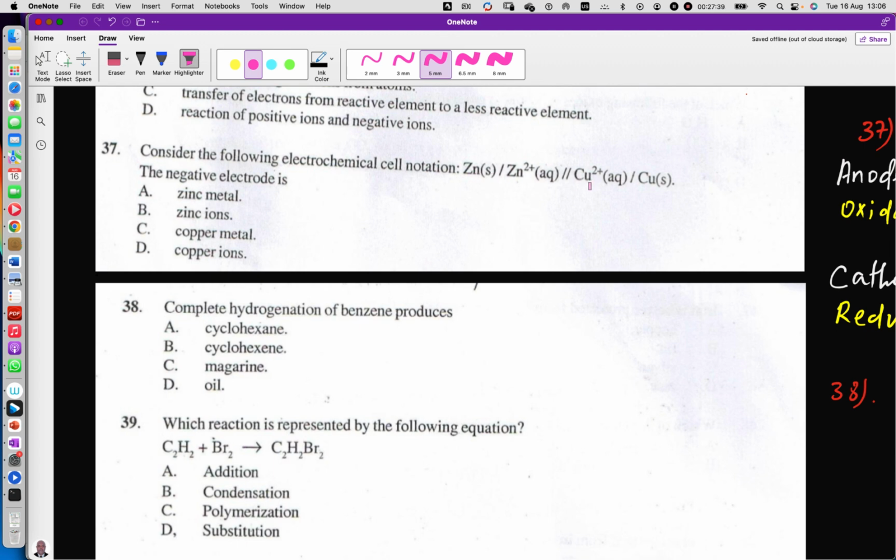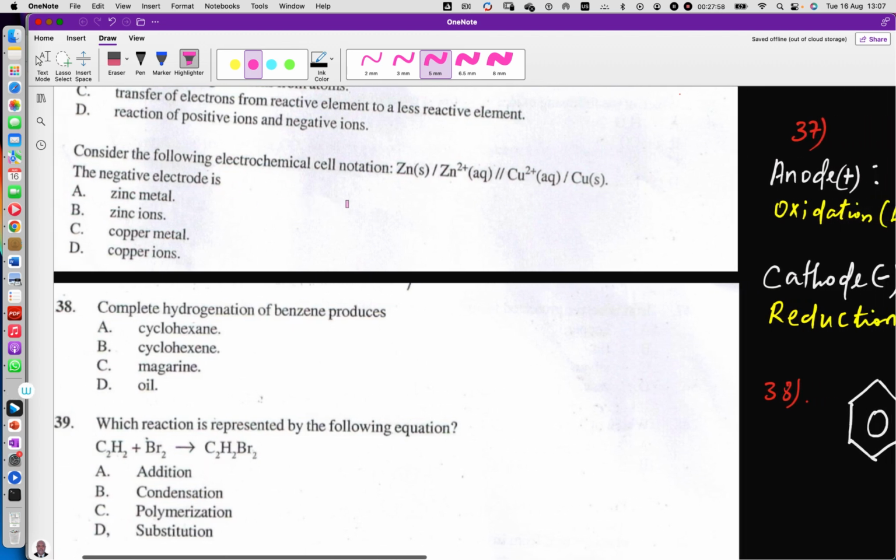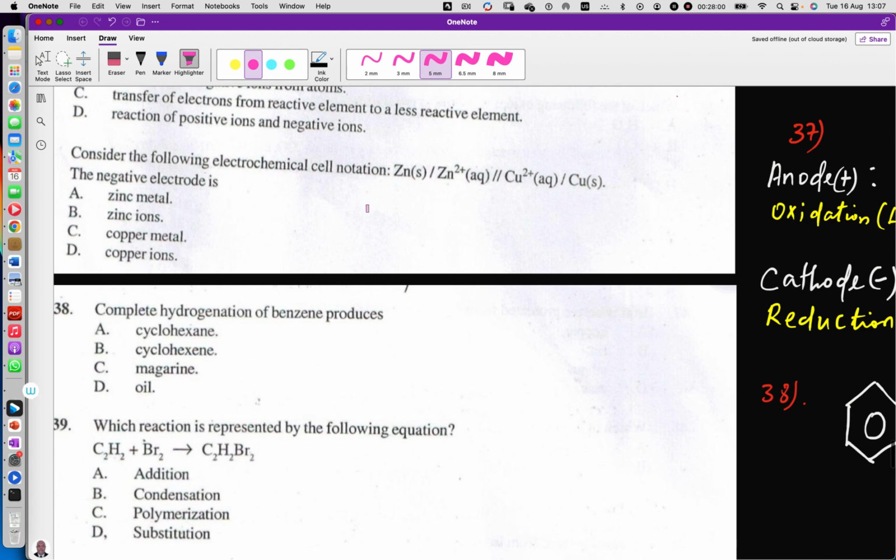Then on the other half cell, this one is undergoing reduction. Zinc will give out electrons, and these electrons are accepted by copper to become copper solid.